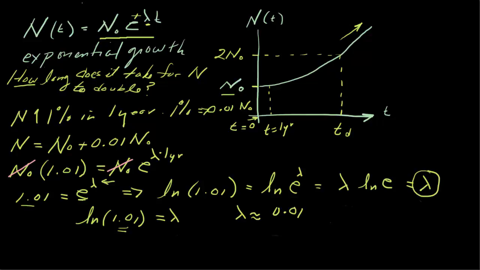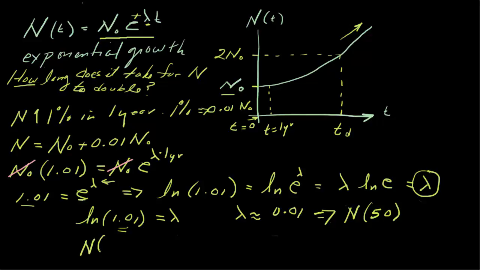Now the problem that you're working on goes a little bit beyond this, because once you've figured out what lambda is, you're asked to determine what n is after 50 years, when t is equal to 50. So this is going to be pretty straightforward.